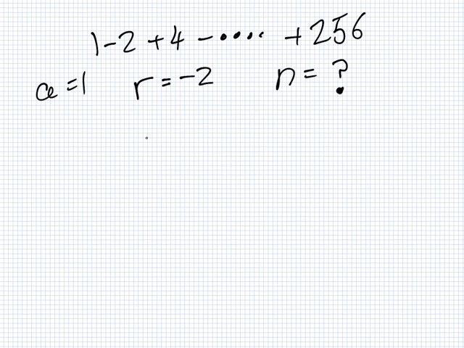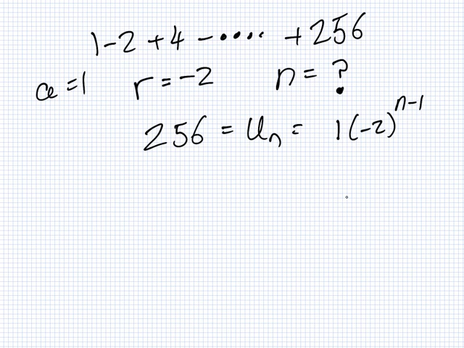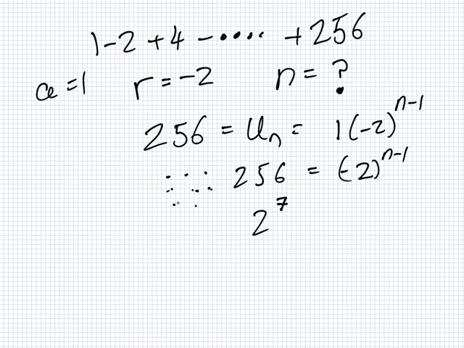So, the trick is we say 256 equals Un, which is equal to ar^(n-1). So 256 equals (minus 2) to the power n minus 1. 2, 4, 8, 16, 32, 64, 128. Is it 9? No. Is it 7? 2, 4, 8, 16, 32, 64, 128, 256.